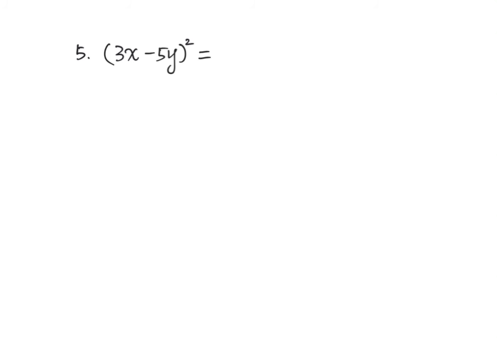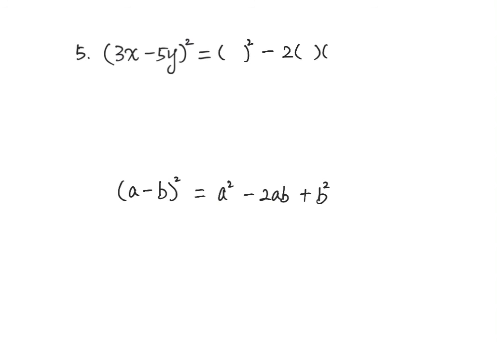For the fifth example, here we can use the negative perfect square, which is a minus b squared equals a squared minus 2ab plus b squared. So for this question, we also have a squared minus 2ab plus b squared.